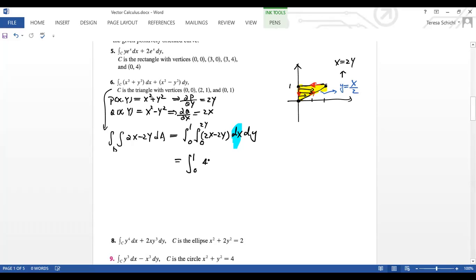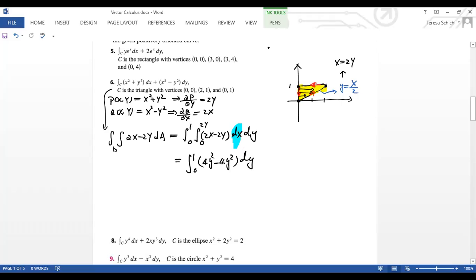If you integrate here, you integrate this one out and then substitute, so you will get 4y squared minus 4y squared, then the dy. Whoa, what do I have here?